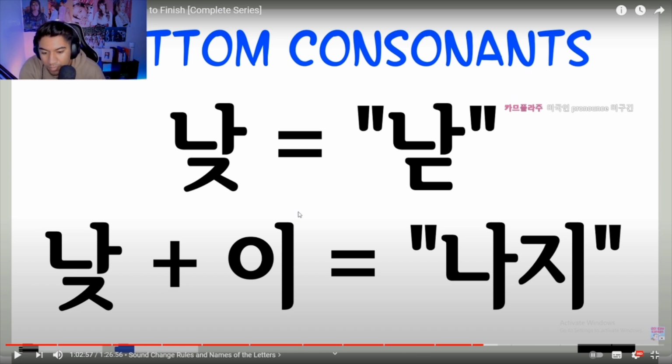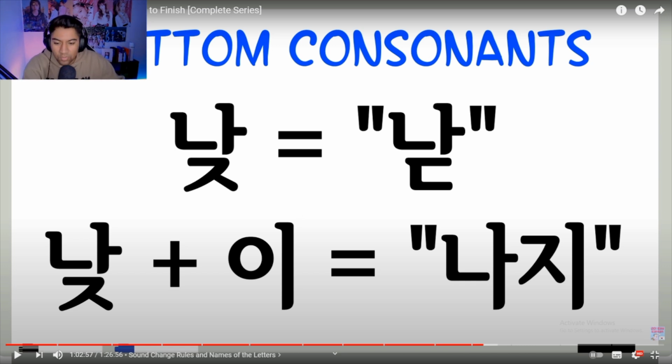Pronounced migukin. Yeah, so basically, if the next word starts with the empty consonant, then that's when you would pronounce the first B. You would transfer the B to the next block and use that instead of the ng.